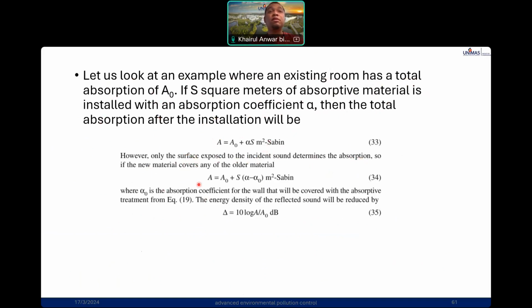So if the new material covers any of the older material, meaning you layer it, then A equal to A naught plus S times alpha minus alpha naught, since there's still older material there, where alpha naught is the absorption coefficient for the wall that will be covered with the absorptive treatment. From equation 19, the intensity of the reflected sound will be reduced by 10 log A over A naught dB.